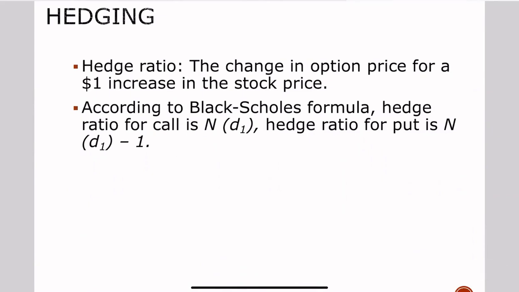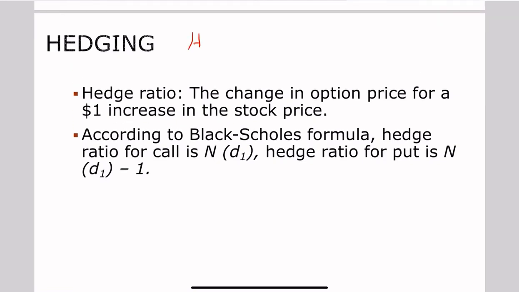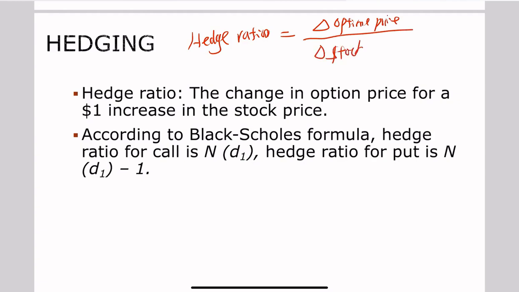Now, let's talk about hedging. First, we know what the definition of the hedge ratio is, right? The hedge ratio is defined by the change in option price divided by the change in stock price.